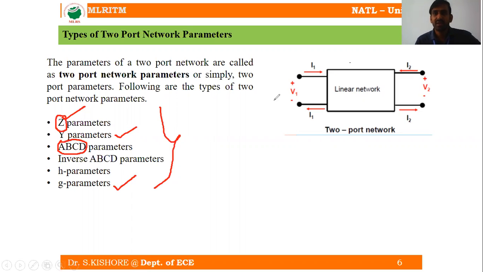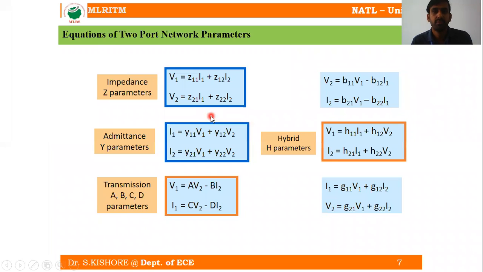So these are the different parameters: Z parameters, Y parameters, ABCD, inverse ABCD, H and G. Coming to these parameters in brief, we are going to discuss impedance parameters, admittance parameters, transmission parameters, hybrid parameters, inverse hybrid parameters, everything in detail.